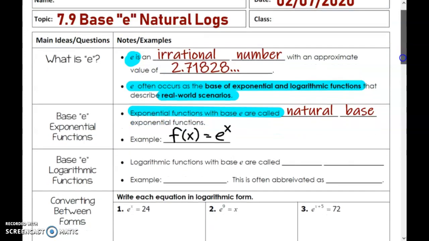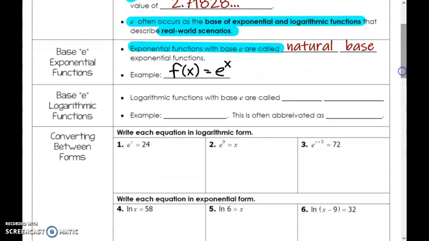Okay. Now, if we want to see this as a logarithmic, those are called natural logarithms. Instead of a base 10, they have a base E. So an example of this we might see as a function could be f of x equals log with a base E of x.